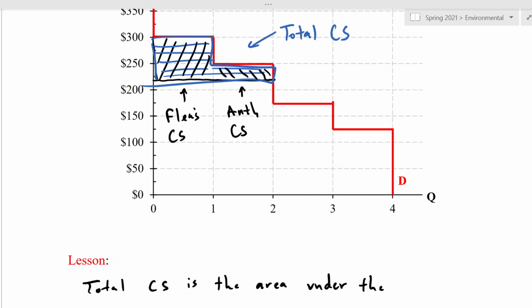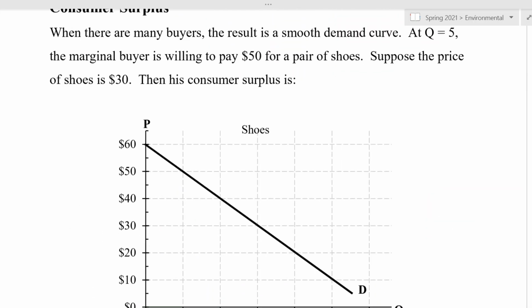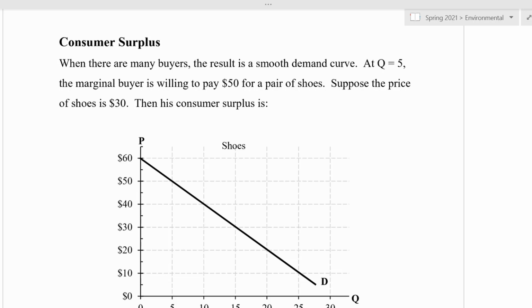That gives us consumer surplus. And in this case, we're taking the area under the curve as rectangles. But in reality, once we have a larger number of buyers, we're going to have a much smoother demand curve. For example, the quantity demanded here is right here at quantity demanded 5.